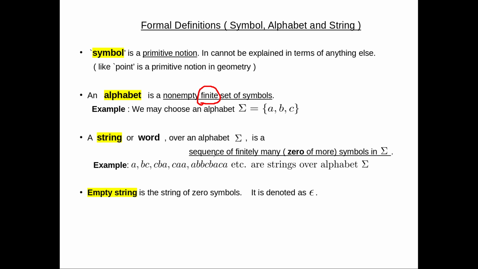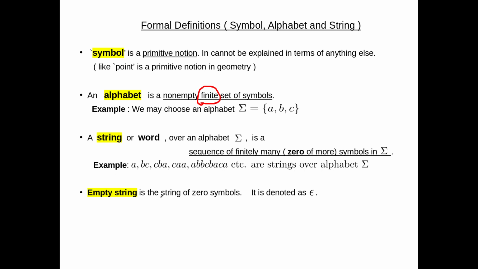So it should be a finite sequence of symbols, and we also allow the sequence to contain 0 symbols, right? So this will be an empty sequence. So examples for this sigma are all these strings. They can contain 1, 2, 3, 4, 5 symbols, even 0 symbols. These are all examples of strings over this alphabet sigma.